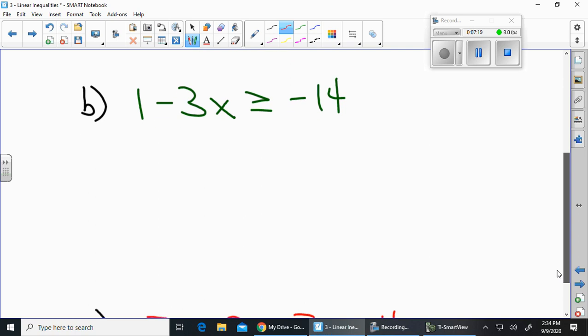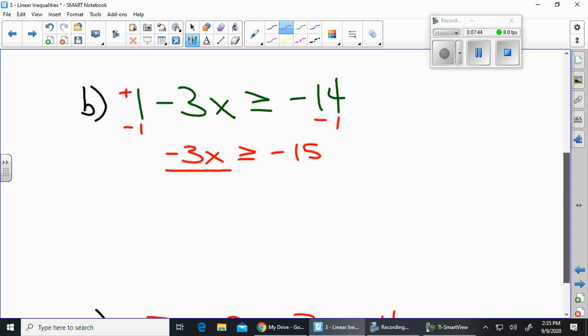So if you look at this one, I'm trying to get x alone. This is one a lot of people mess up because they see that negative 3. That's a positive 1. You move that by subtracting it. So now I'm left with negative 3x. Negative 14 minus 1 is negative 15.